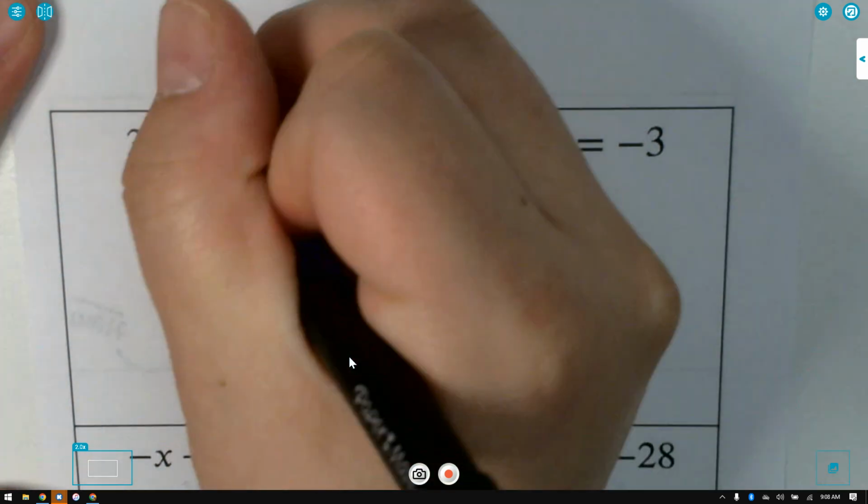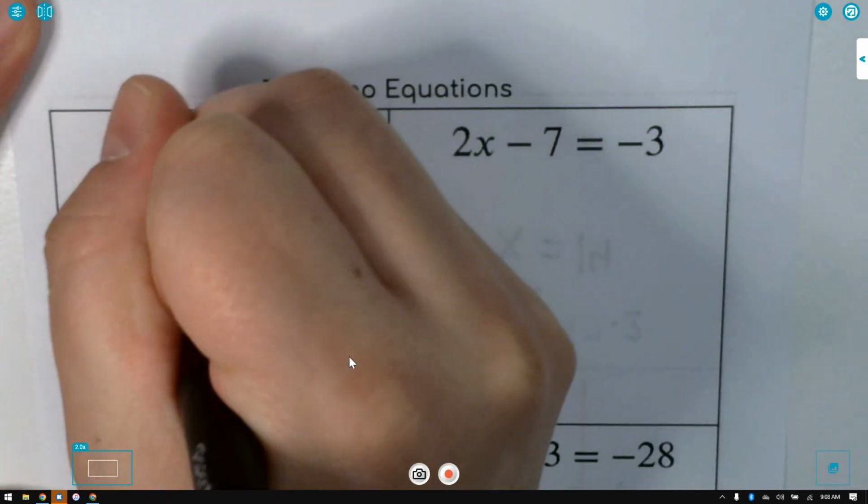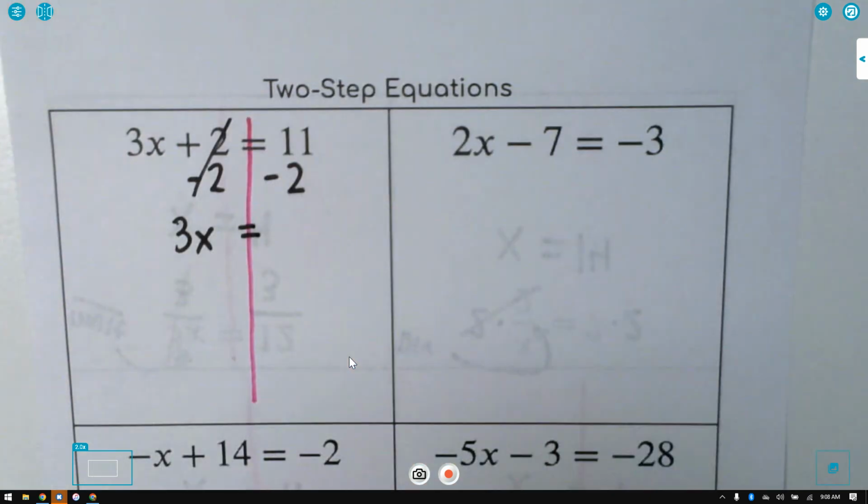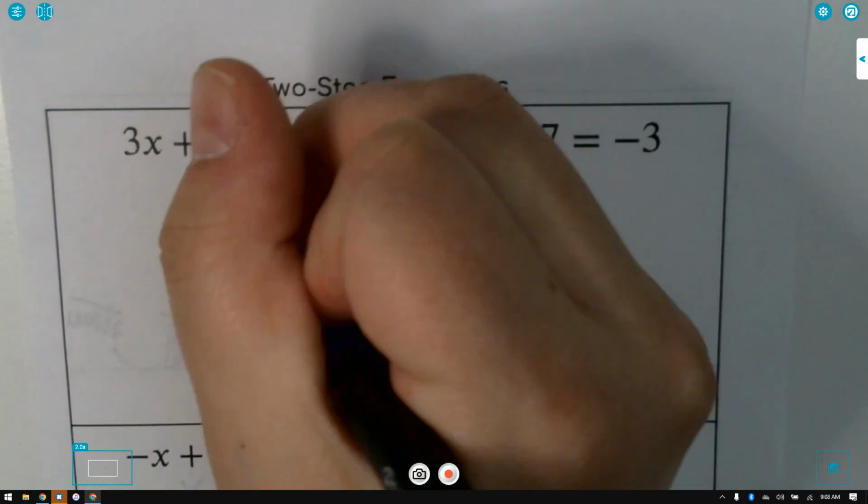Then on the left side, the 2 minus 2 cancels, so we've got 3x. And on the right side, we've got 11 minus 2. 11 minus 2 is 9.